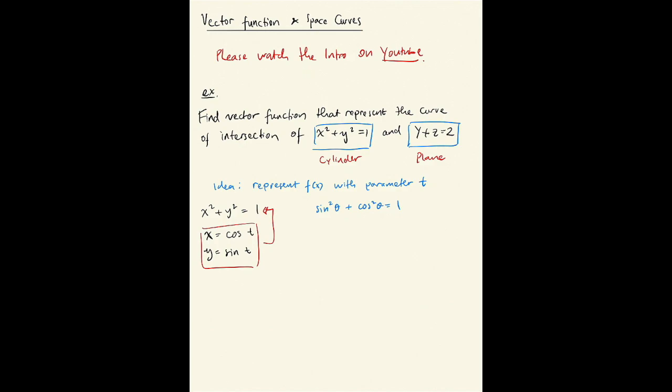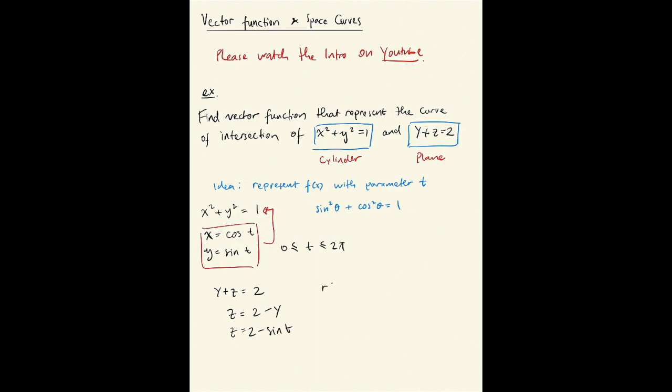Yes. Okay. And I need to set my t, and then start with y plus z equal 2. I can make my z 2 minus y, where my y is actually already defined as sine, right? So I can write it also.